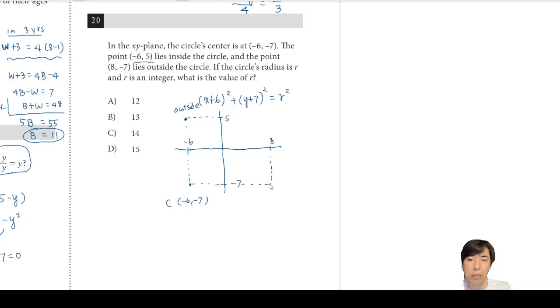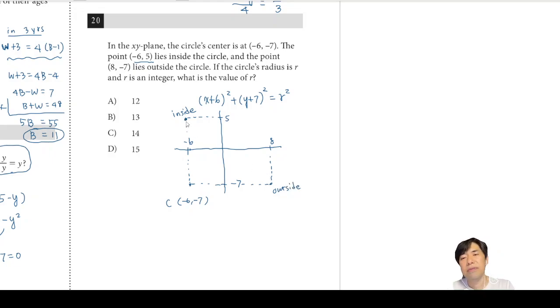Okay, it says inside. Sorry, I read it wrong here. This point is inside. It lies inside. And this point lies outside.